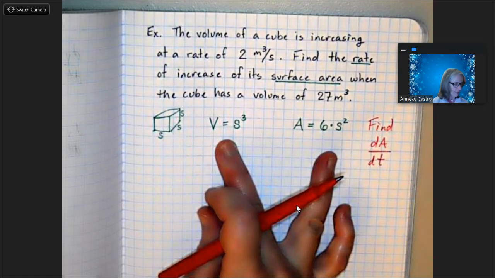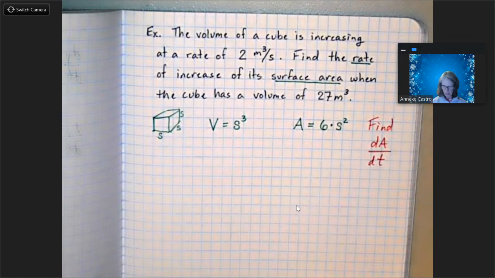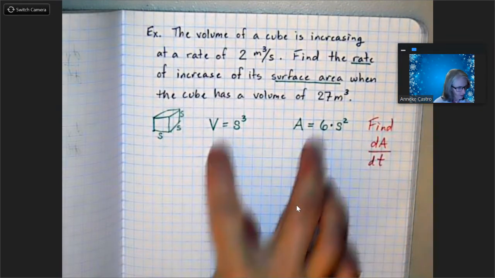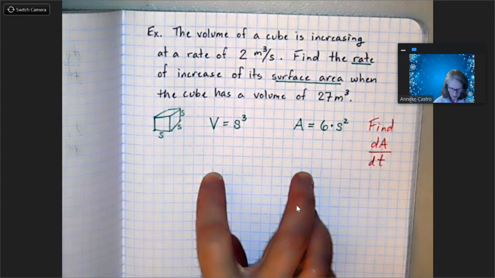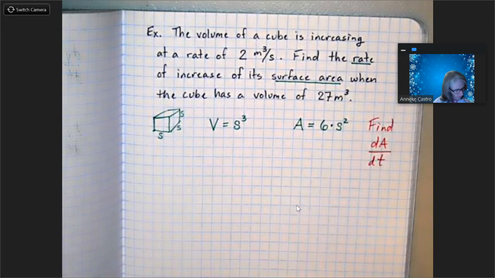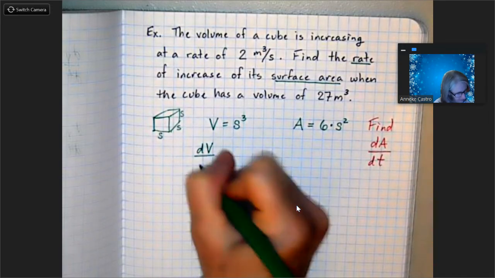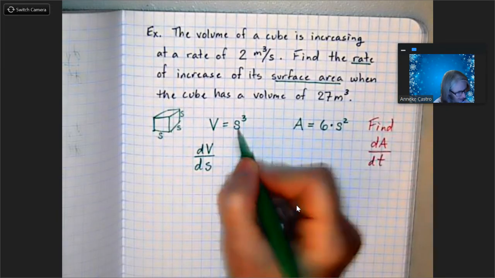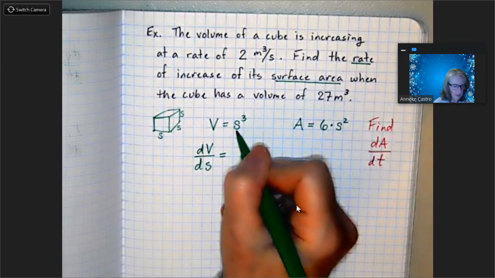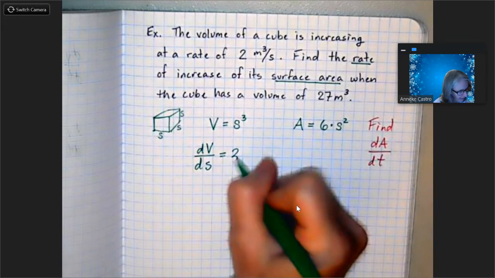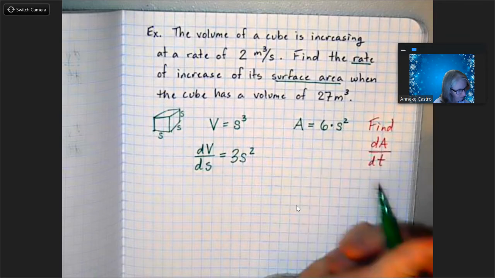Okay, so right here I don't have any t's, but let's go ahead and see what I do have. Let's go ahead and take the derivatives of both of these and see what that looks like. So if I take the derivative of the volume, I'm going to get dV/ds, because it's in terms of s. So I'm going to get 3s squared.